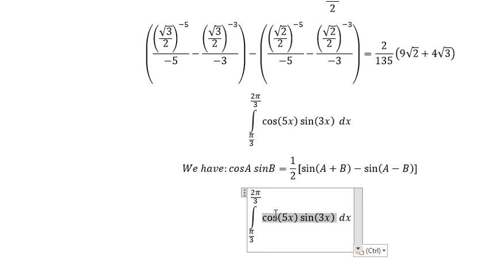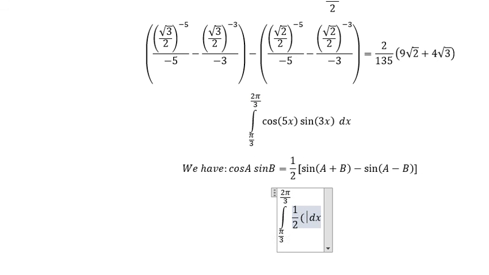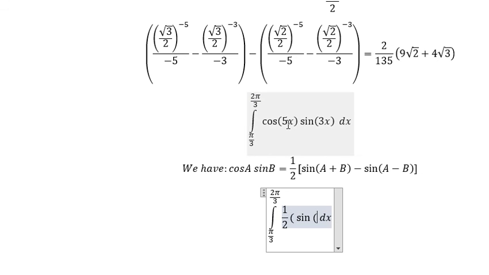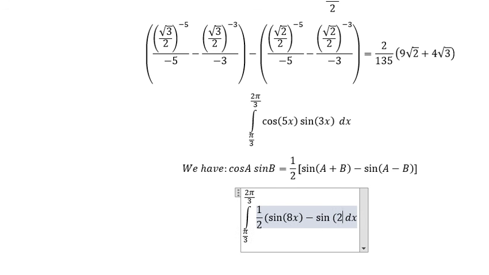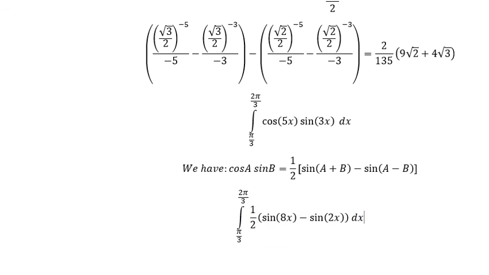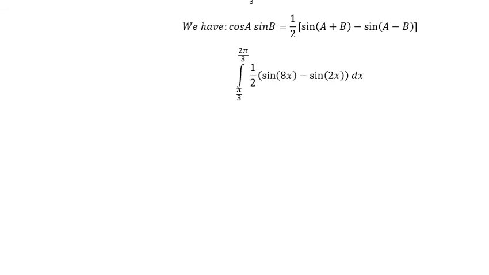And this one we will have 1 over 2 sine of A plus B, 5s with 3s you get 8s, minus sine A minus B. So 5s minus 3s you get sine 2s. And now we have the final answer.